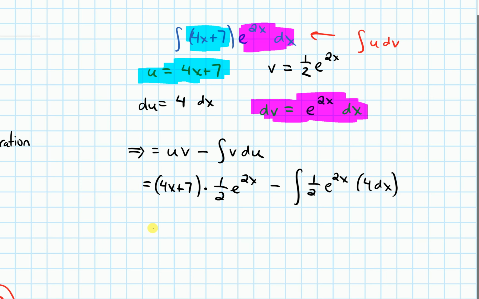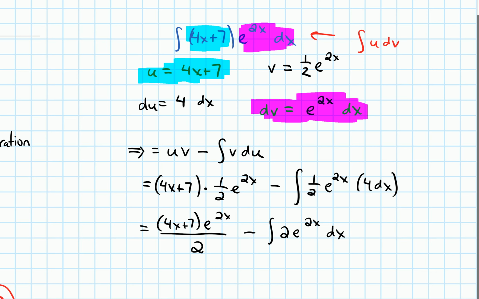Okay, so let's simplify this a bit. This first term, I could write as one big fraction: 4x plus 7 times e to the 2x all over 2. And with this integral, 4 divided by 2 becomes 2, so I'll get the integral of 2 e to the 2x dx.